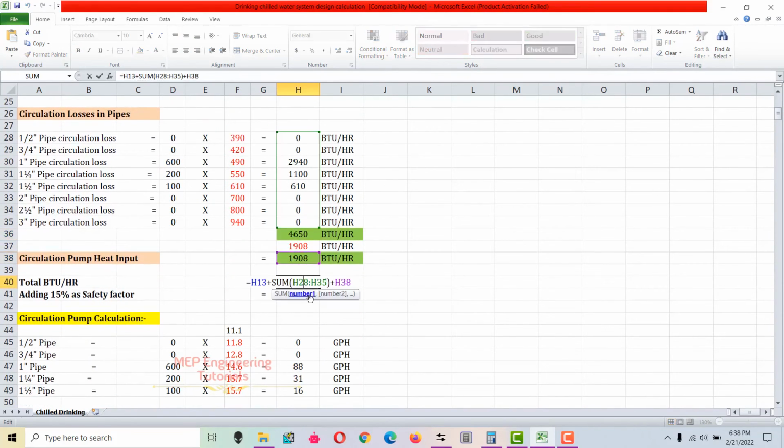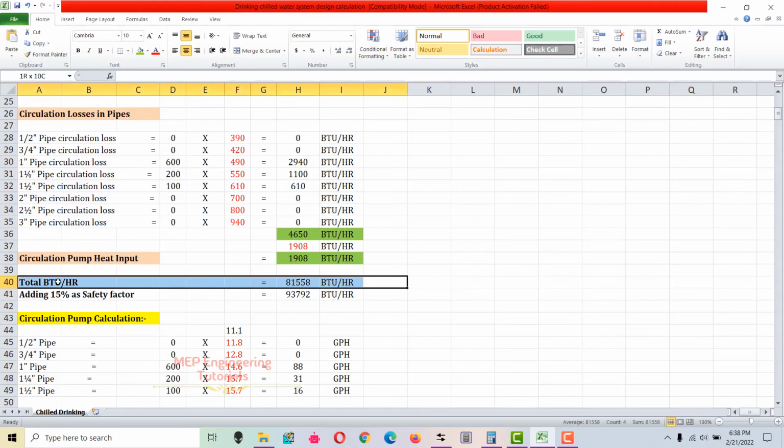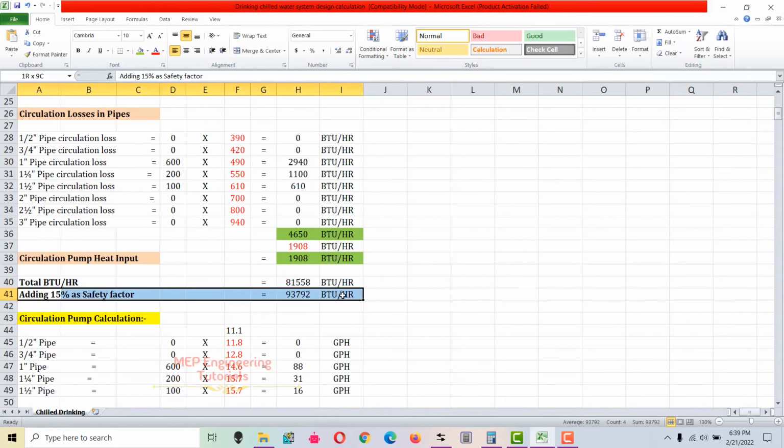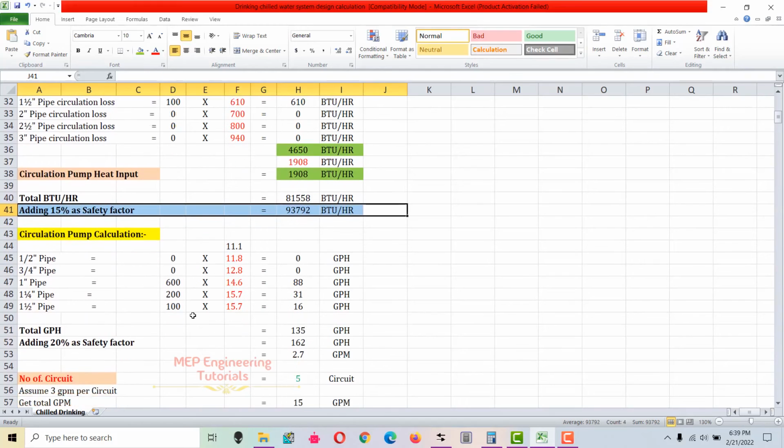After adding all these values, we get the total of 81,558 BTUs per hour. Now we are going to use 15% as safety factor, so 15% of this will be added into 81,558. So the total calculated here is 93,792 BTUs per hour. So the load is done.